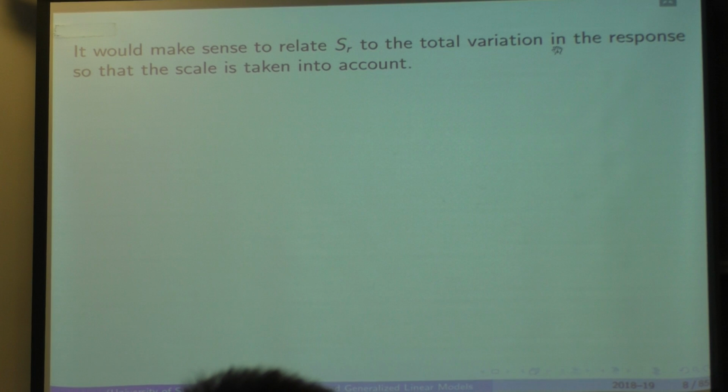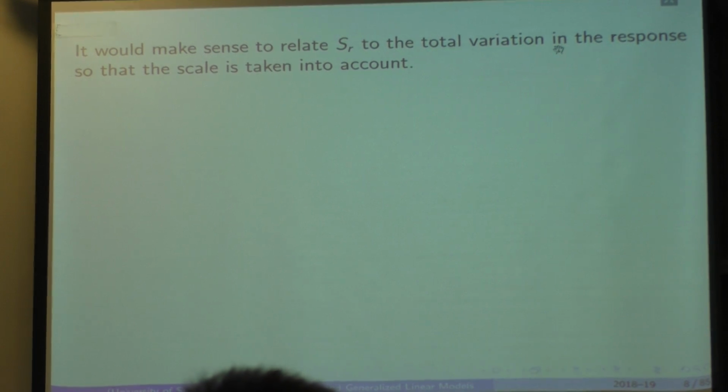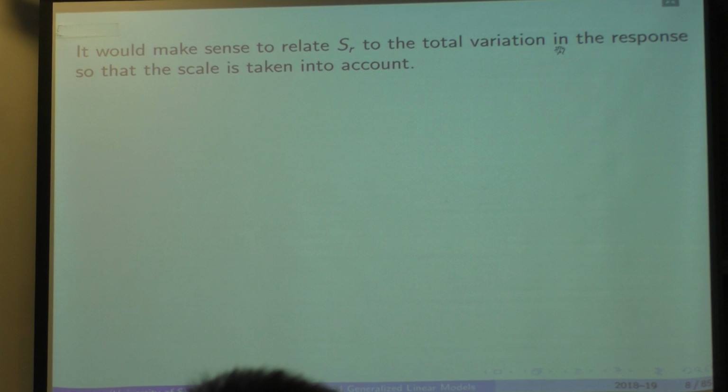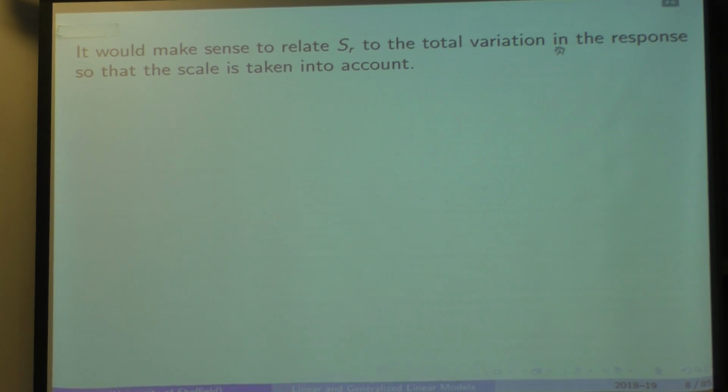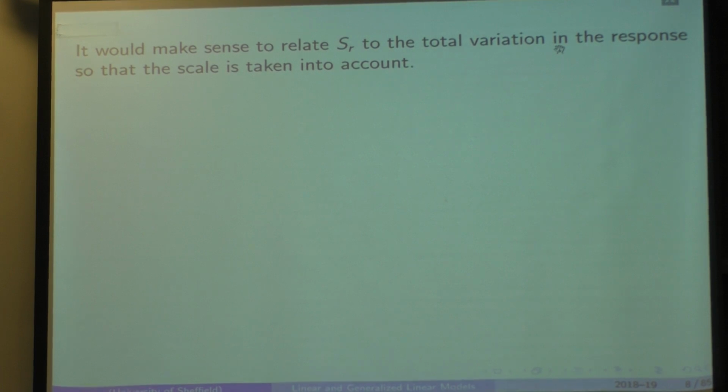If we start off with a null model with only a constant term, then we probably have a large residual sum of squares. We then fit some of our explanatory variables and we reduce the residual sum of squares. So we can see what proportionate effect adding the extra explanatory variables has, in terms of how much it is reducing the residual sum of squares. So it makes sense to relate the residual sum of squares to the total variation in the observed values.